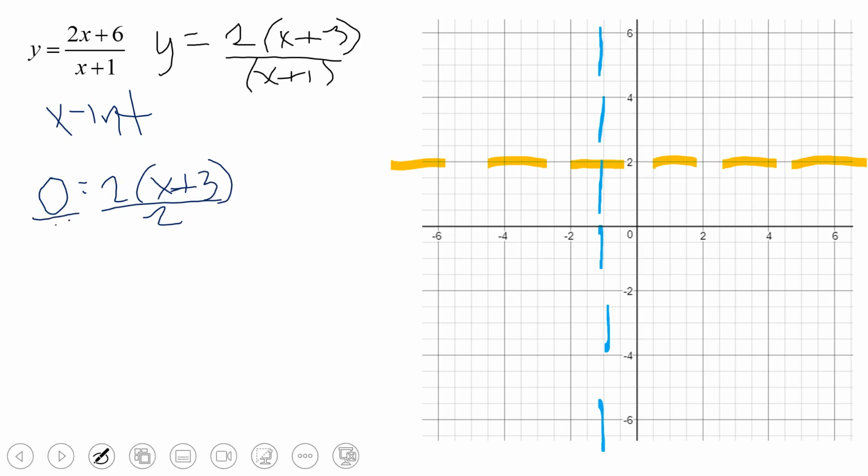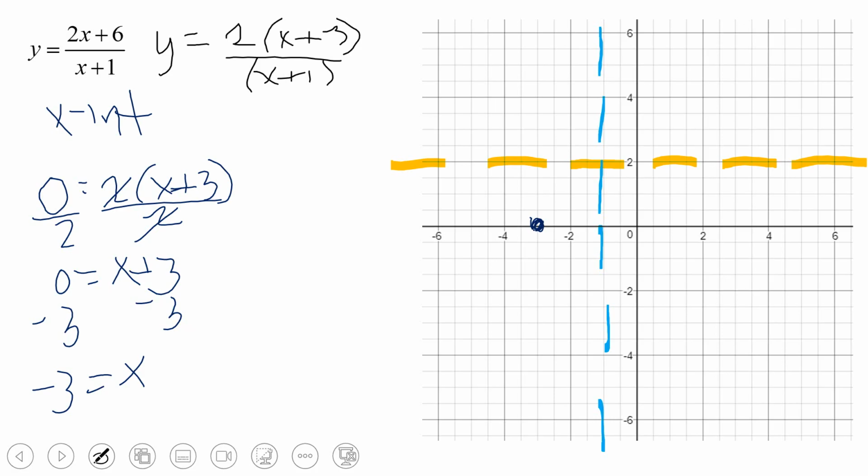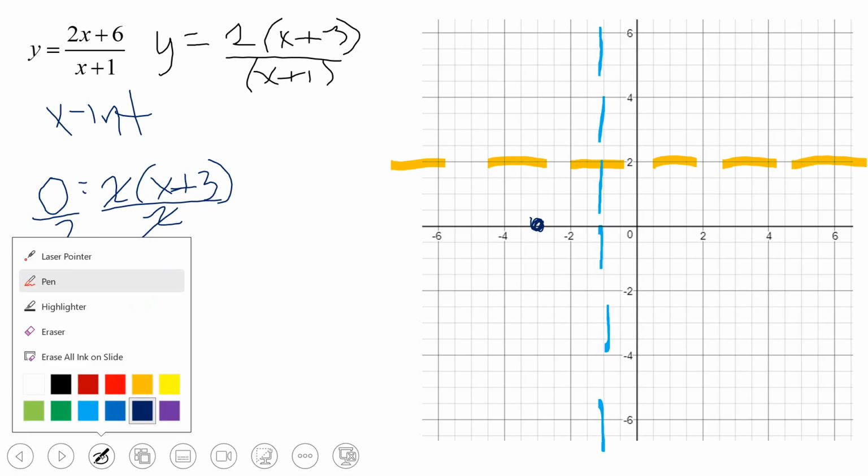In this case, I'm dividing by 2. 0 equals x plus 3, subtracting 3, and I get x equals -3. So I'm going to come off the graph and find -3. That is my x-intercept.